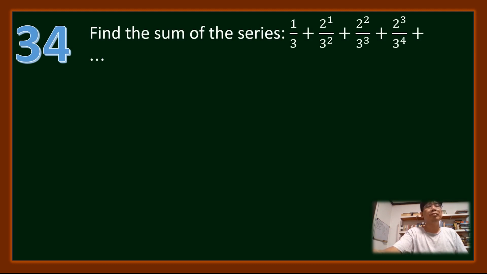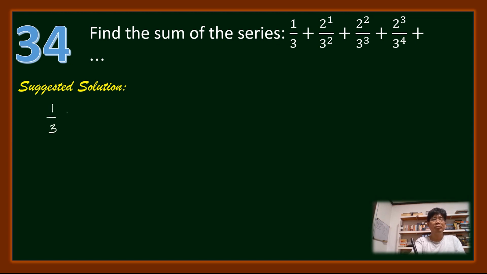Number 34. Find the sum of the series 1/3 plus 2 over 3 squared plus 2 squared over 3 cubed plus 2 cubed over 3 to the 4th power plus, and the pattern continues. For our suggested solution, let us evaluate each of the exponential expressions in the fractions of the terms in the series.